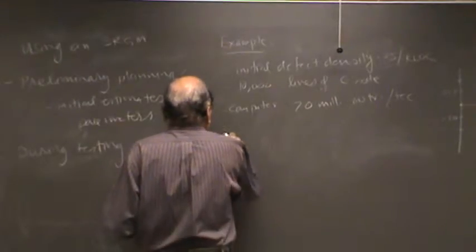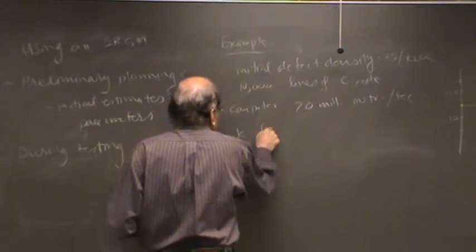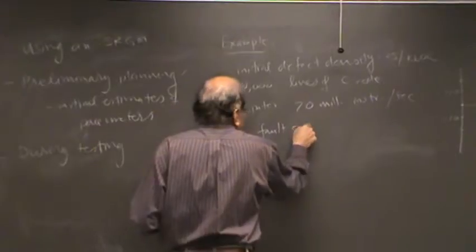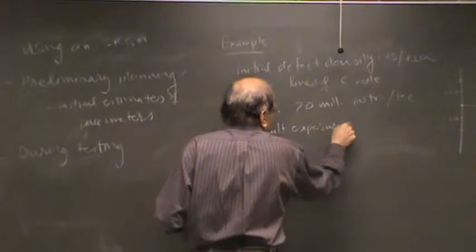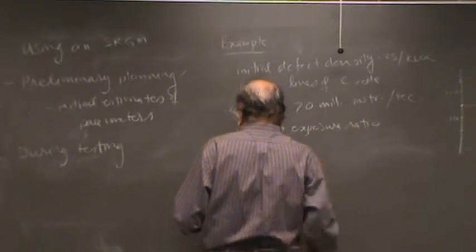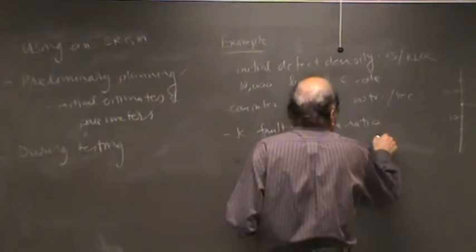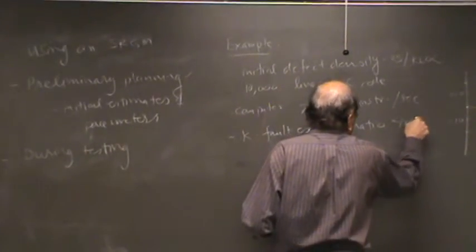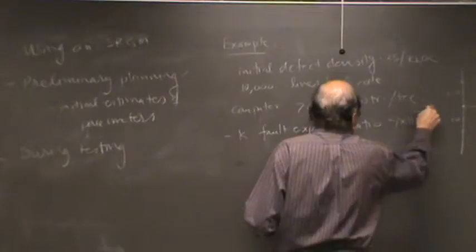And let us assume that the fault exposure ratio we take to be average, which is 4 multiplied by 10 raised to minus 7.